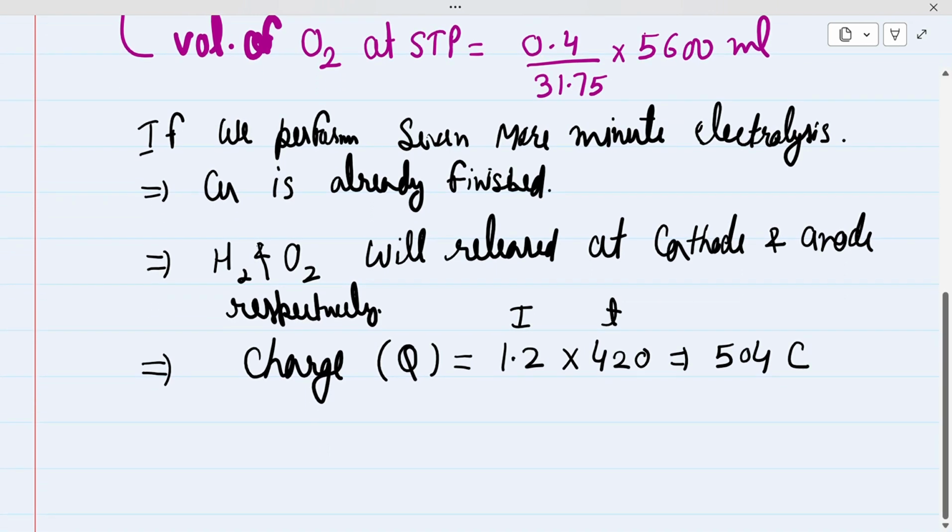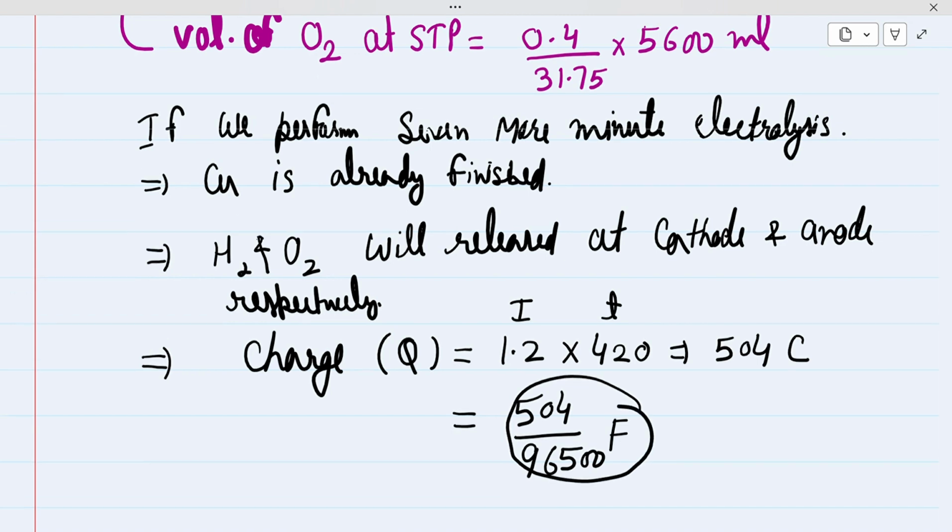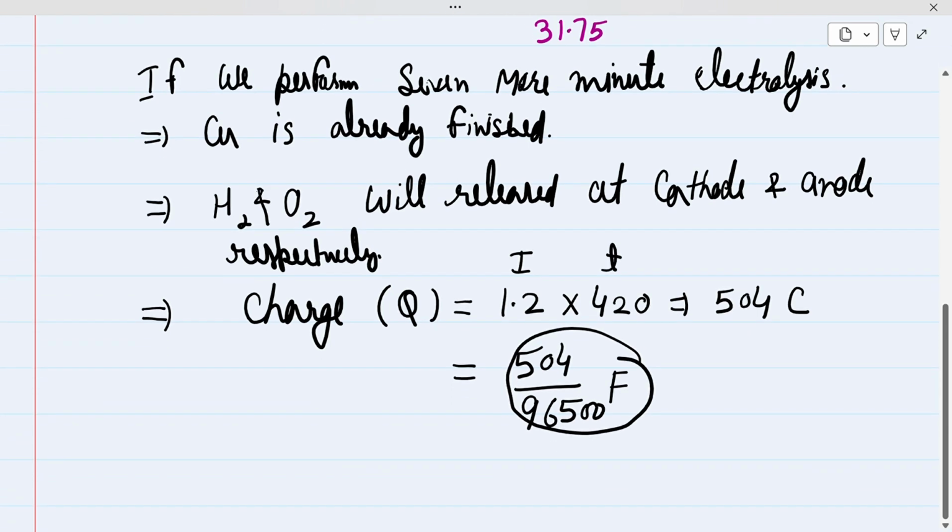We can convert this charge into Faraday. If we convert this charge into Faraday, we will get 504 upon 96500 Faraday. So this is the charge we are passing after the finishing of all copper.